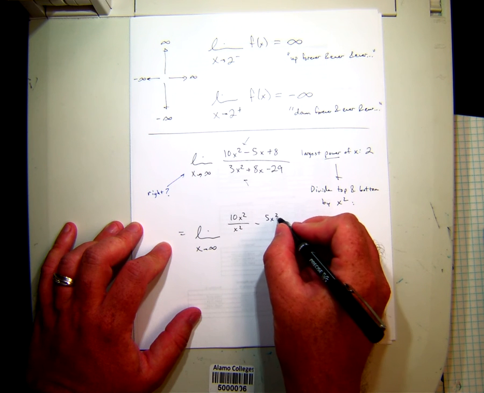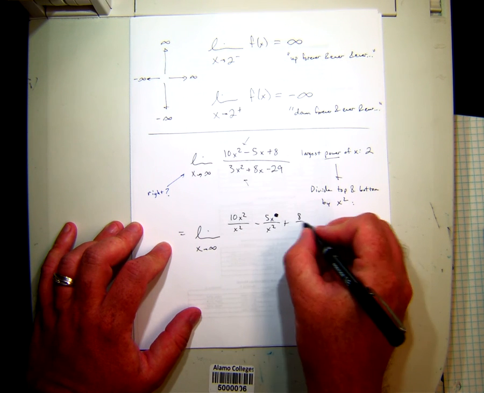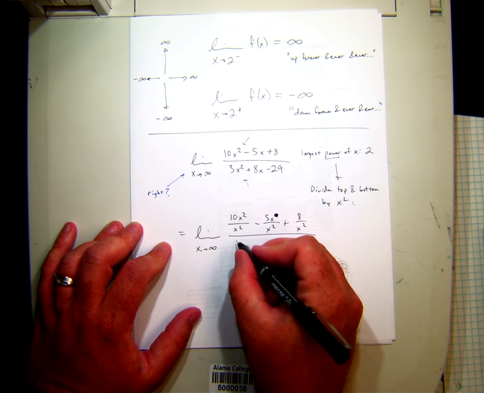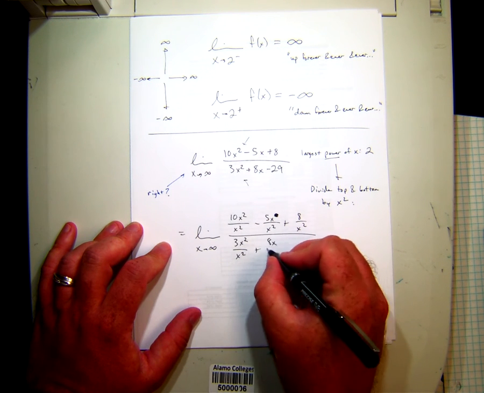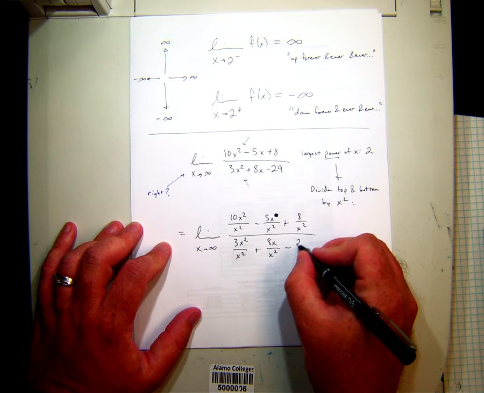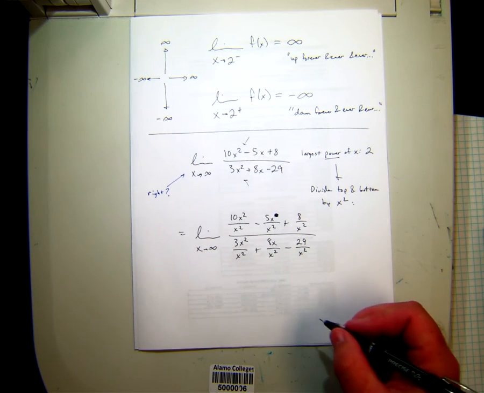As long as we divide everything by x squared without any mistakes, do you agree we can do that in algebra?